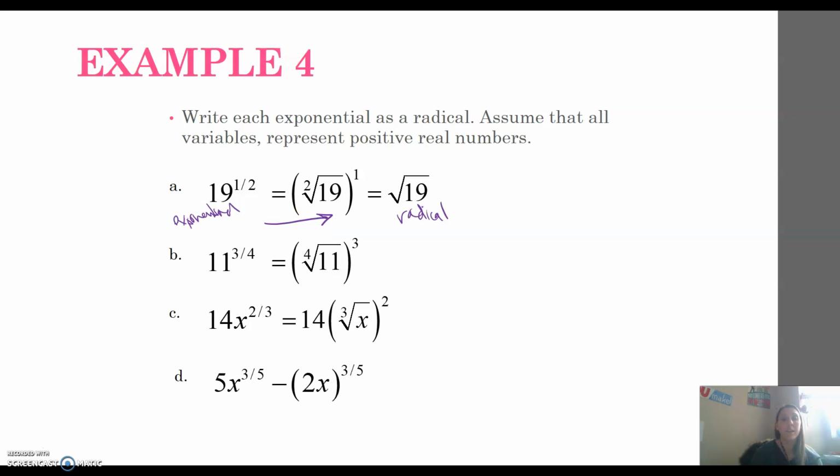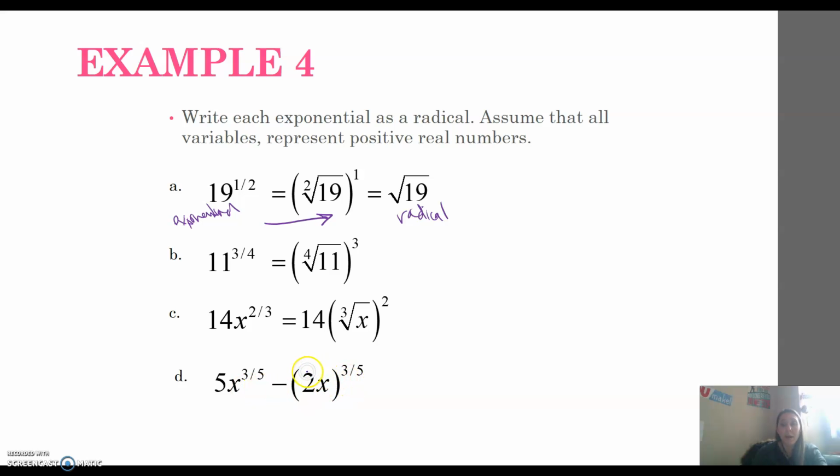Okay? So now we have exponential again. This is a binomial, and I know I have 2 terms because there's a minus sign in between them. And remember, terms are broken out by pluses and minuses. So I'm going to deal with this one first. So the 5 is going to go on the outside of the radical, and the x is going to go on the inside.